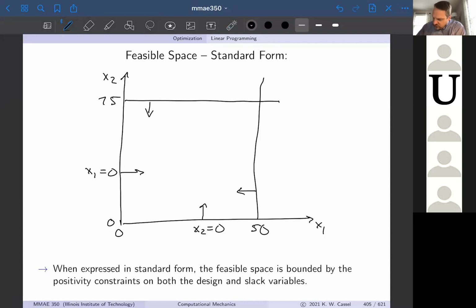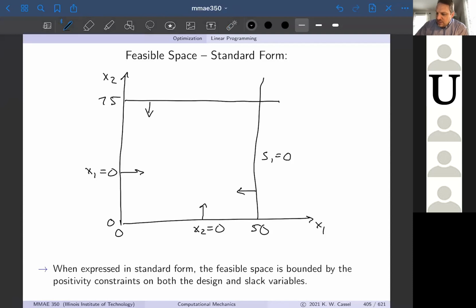But now, in terms of the slack variables, this line at x1 equals 50 actually corresponds to s1 equals 0. If the solution was along that line, then it would have 50 cars on the first train, and that would mean there's no slack, s1 is 0.